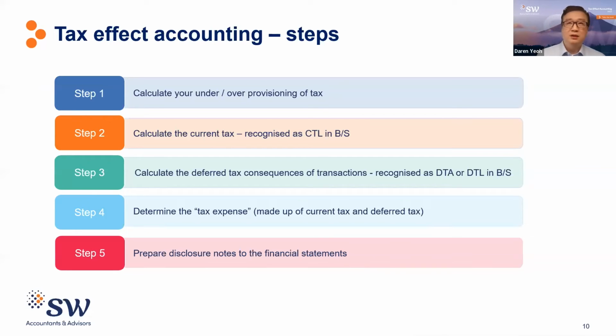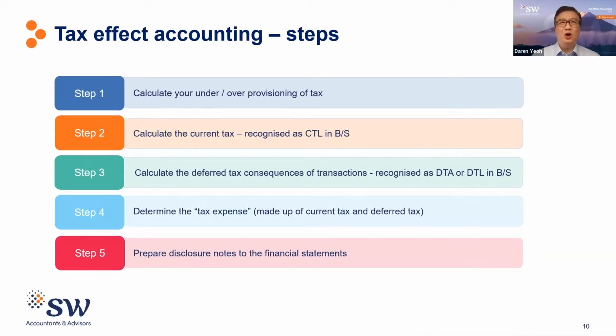So this is our normal steps when we perform tax effect accounting. We will roll over our prior year balances, our prior calculations, and calculate our under and over provisioning of tax. And this is referred to as a true-up entry. In the second step, we'll prepare our statement of taxable income and calculate our current tax.